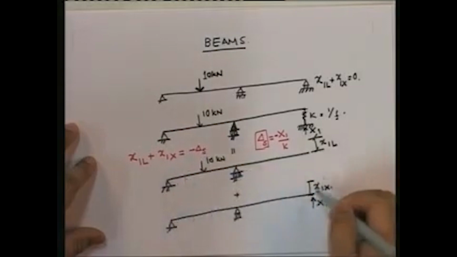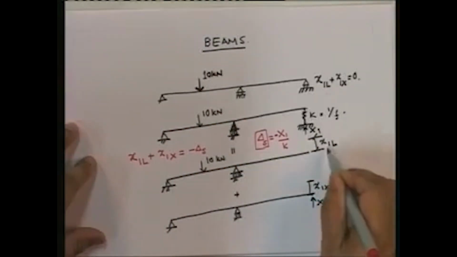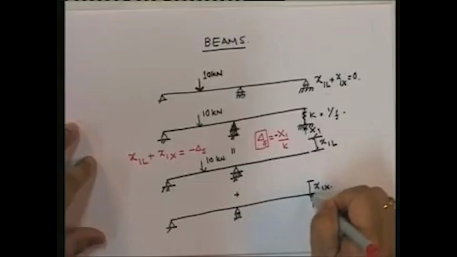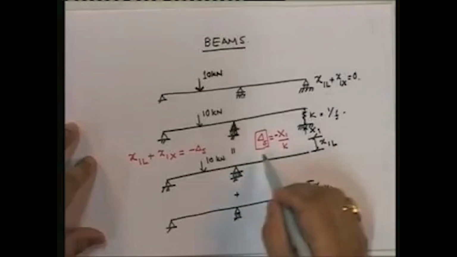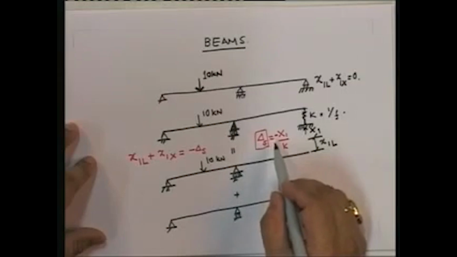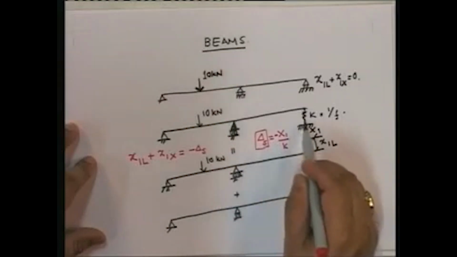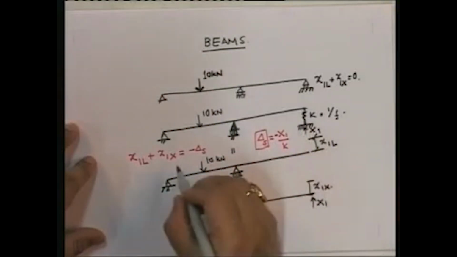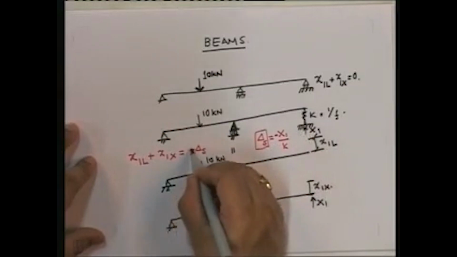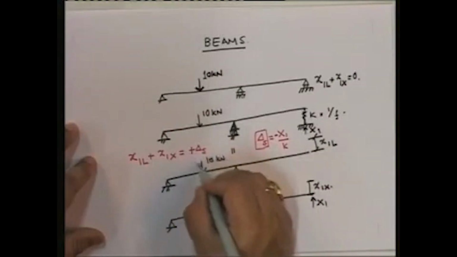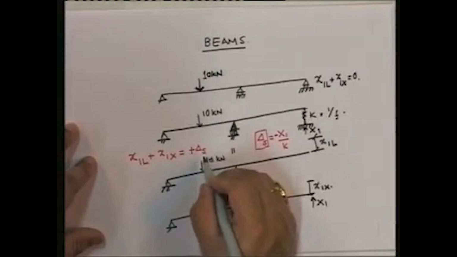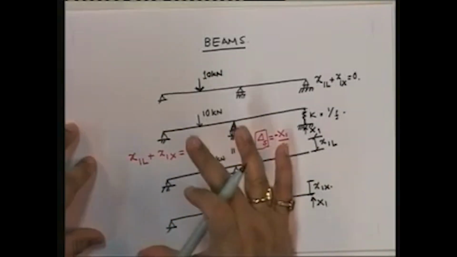Why minus? Because x1L and x1S are taken as positive in this direction, and delta S is actually downwards. So I'm going to put delta S to be positive when the spring expands.